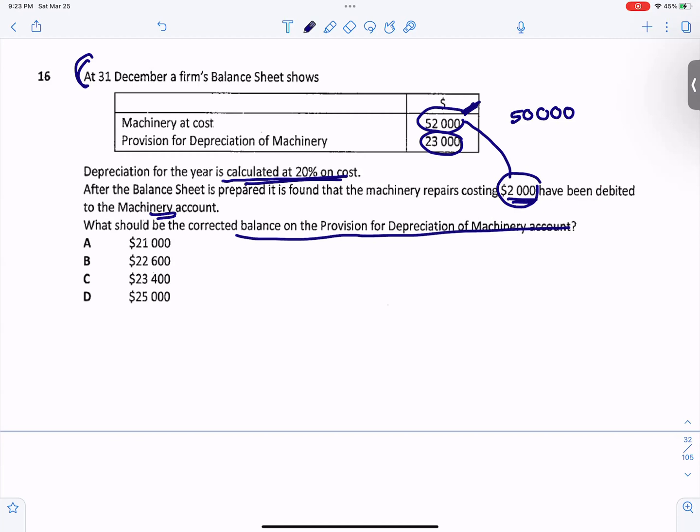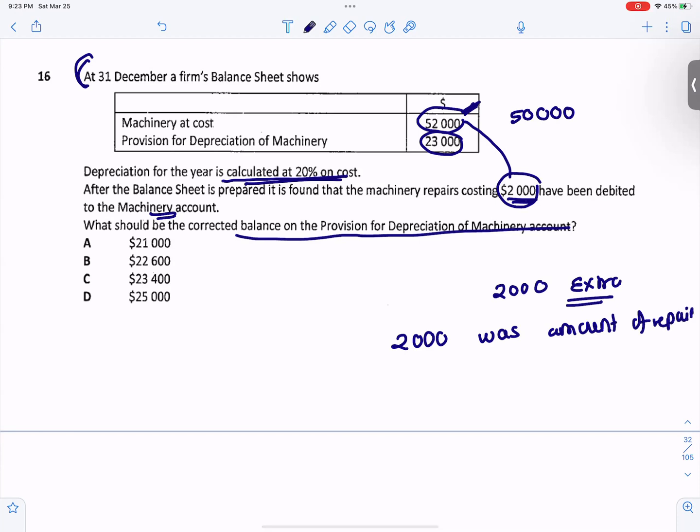So what has happened is I have charged depreciation on 2,000 extra. Are you with me? 2,000 was the amount of repairs, and this 2,000 I put in machinery, and I charged depreciation on it.